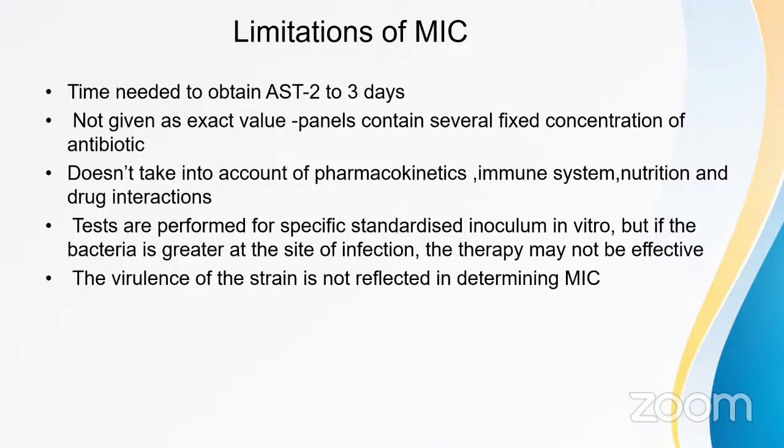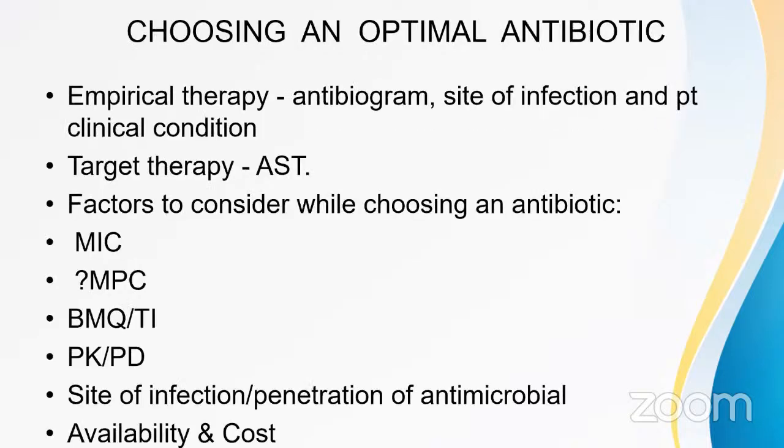It doesn't take into account pharmacokinetics, immune system, nutrition, and drug interactions. Tests are performed with a specific standardized inoculum in vitro, but if the bacterial load is greater at the site of infection, therapy may not be effective. The virulence of the strain is not reflected in determining the MIC.